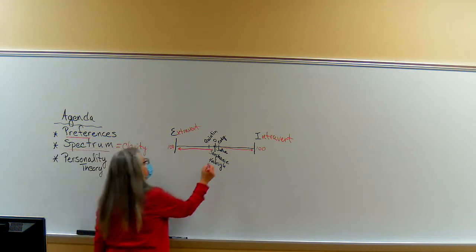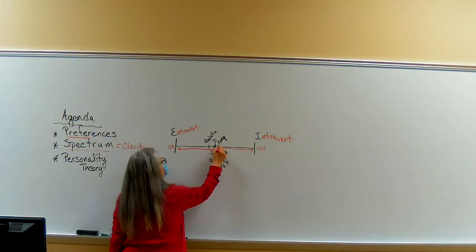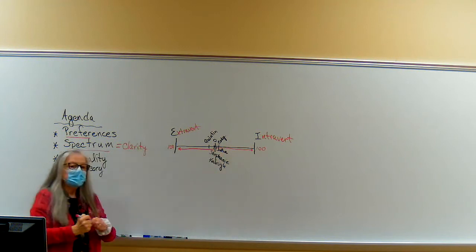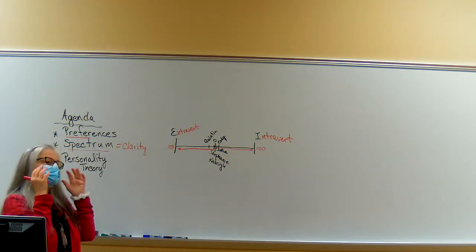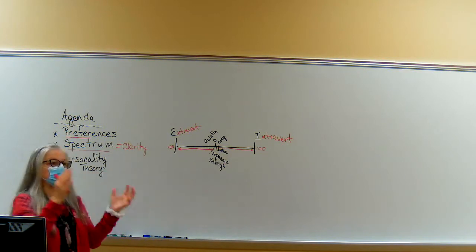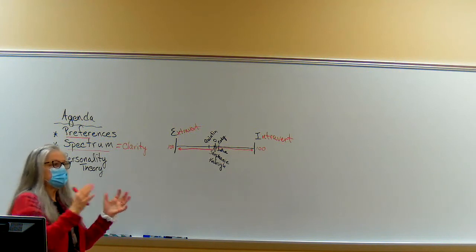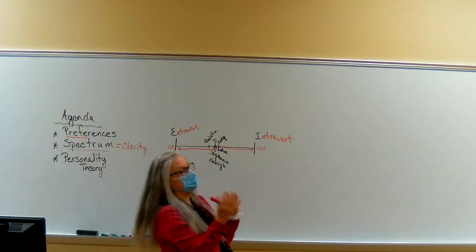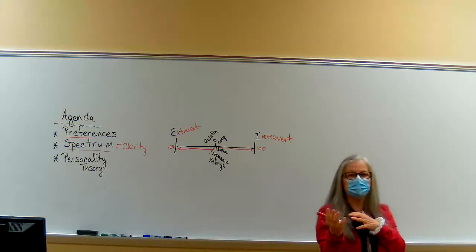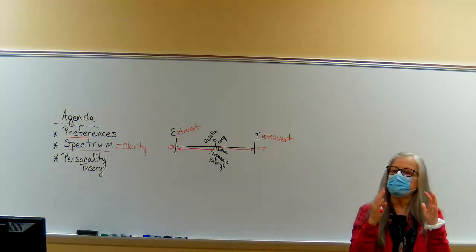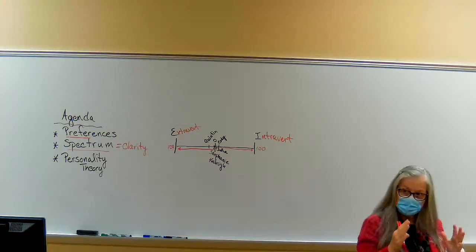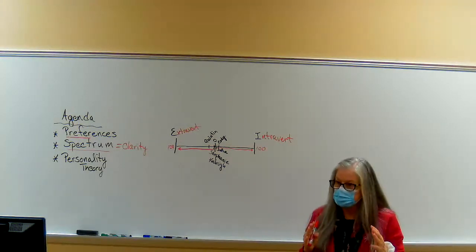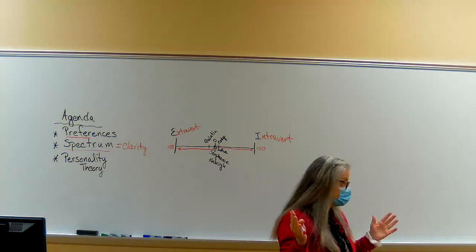So the more in the center you are, the closer you are to 0, simply means that you are not as strong in one preference over the other. It doesn't necessarily mean that you are extremely clear, either conscious or subconscious. It just means that you don't have a strong will, desire, or need to be more one than the other, all right?